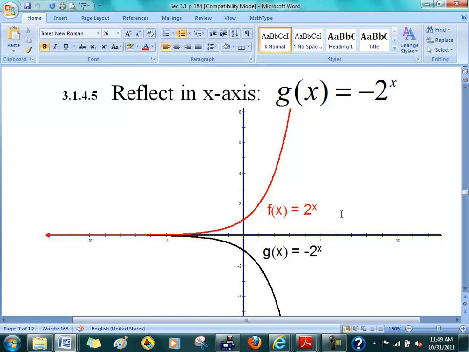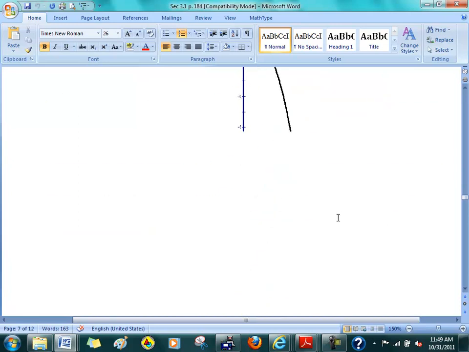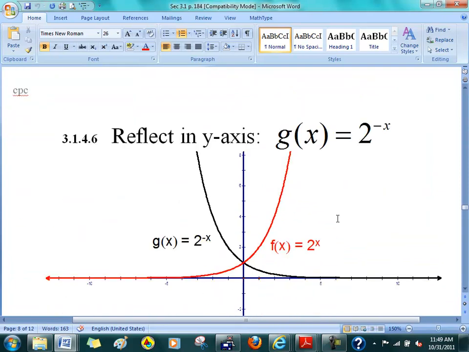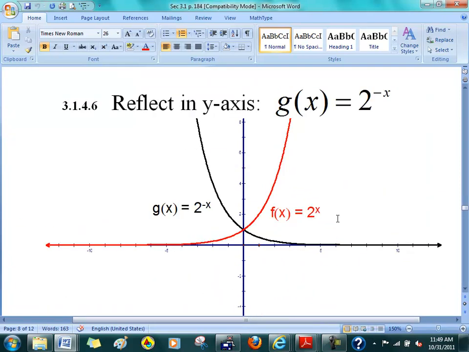You want to reflect it in the y-axis. Okay. g of x equals f of negative x. The negative sign goes inside. Is everybody all right on this? Here it is, reflecting in the y-axis.